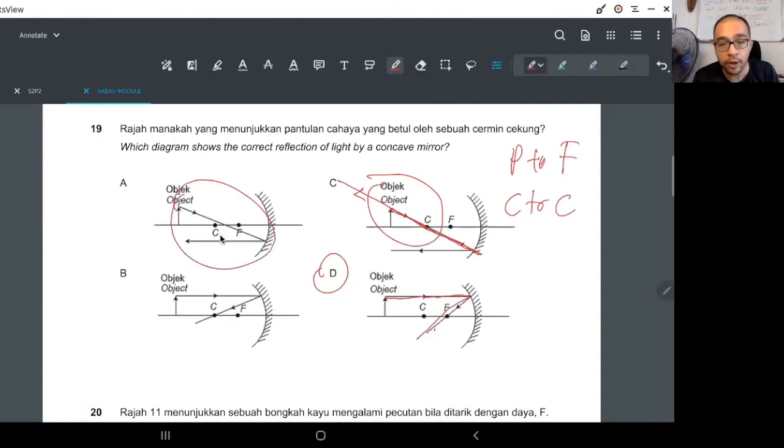This one is definitely out because it's not hitting anywhere at all. And this one is also out because if it is parallel, where must it go? It must go towards the focal point. Reflection always happens towards the focal point. Center to center, parallel to focus.